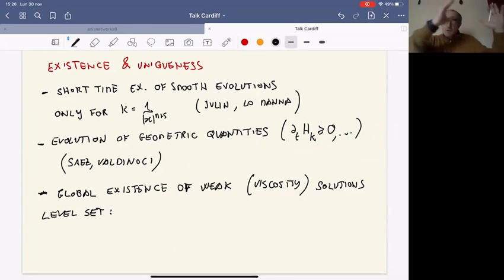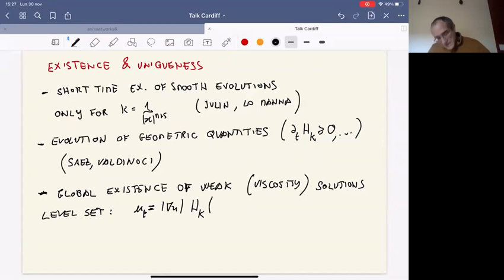So from a geometric evolution law, I look for that parabolic equation, which is the following: u_t equals the gradient of u, and then I have H_K, and here I have to decide if I take sub-level set or super level set, it is not so important, u greater than u(x).